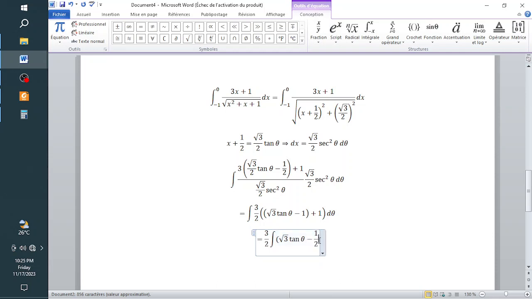There we have negative half, then the theta. So we have 3 divided by 2. If we integrate this, we just have root 3 times, actually negative root 3, right? Since you're integrating tan theta, negative root 3 times the natural log of the absolute value of the cosine of theta. When you integrate half, you have theta divided by 2.